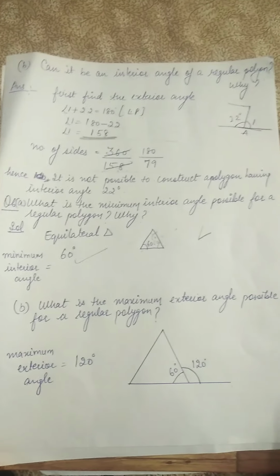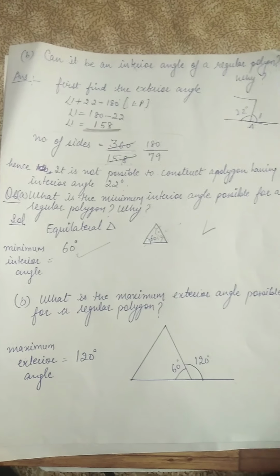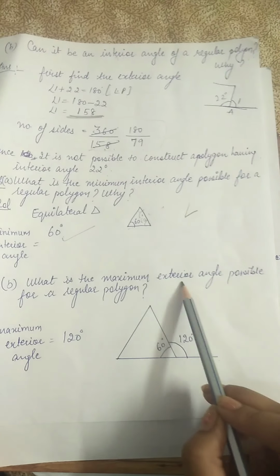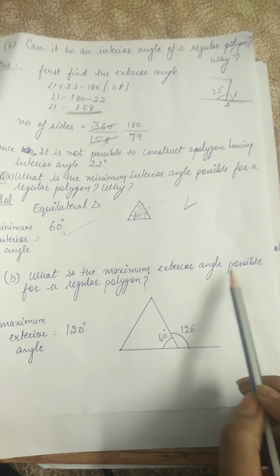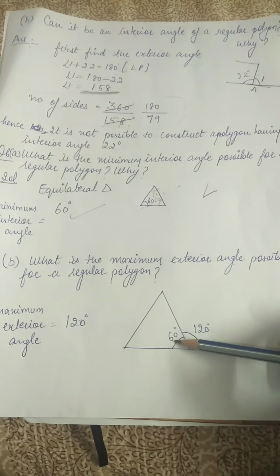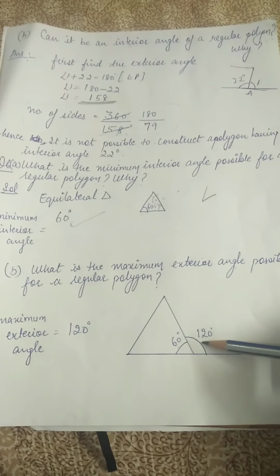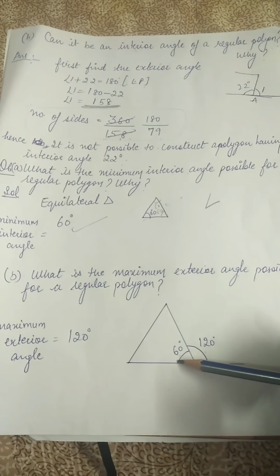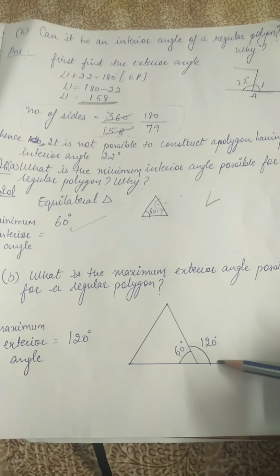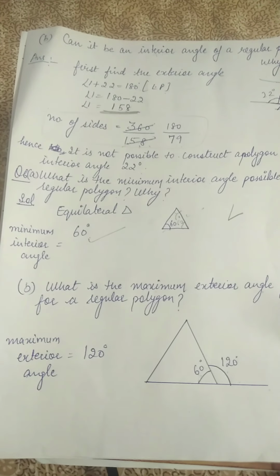Now part B. What is the maximum exterior angle possible for a regular polygon? Again, now you want to find the maximum exterior angle. Listen carefully. You know that your interior angle and exterior angle make a linear pair. That means when your interior angle is small, your exterior angle will be large, and when your exterior angle is small, your interior angle is large.